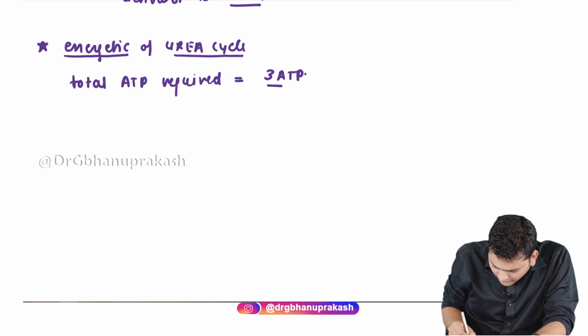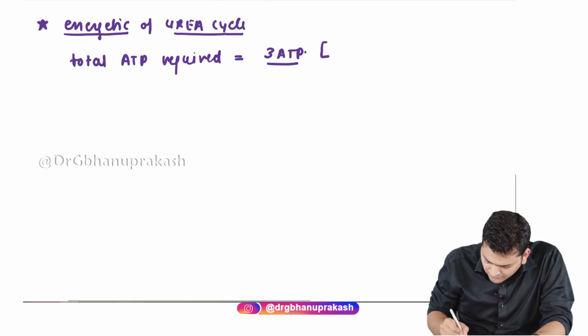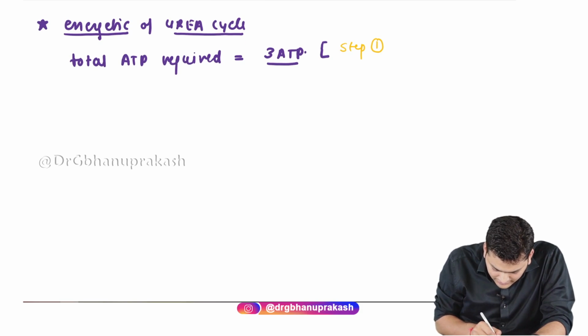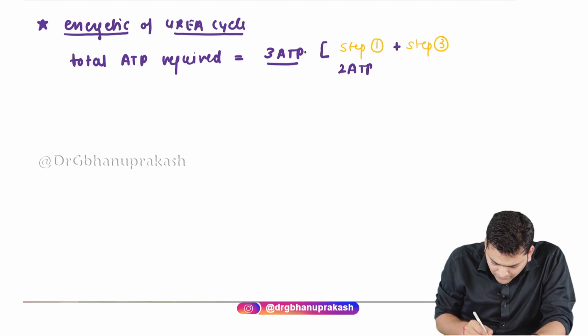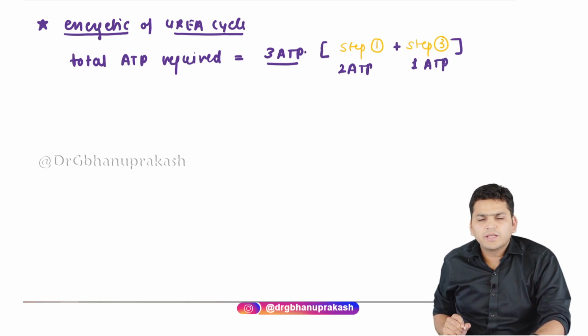If I mention the steps so that it will be easy for you to interpret, you can observe that in step 1 we have used 2 ATPs, whereas in step number 3 we have used one more ATP there. So in total we have used 3 ATPs.